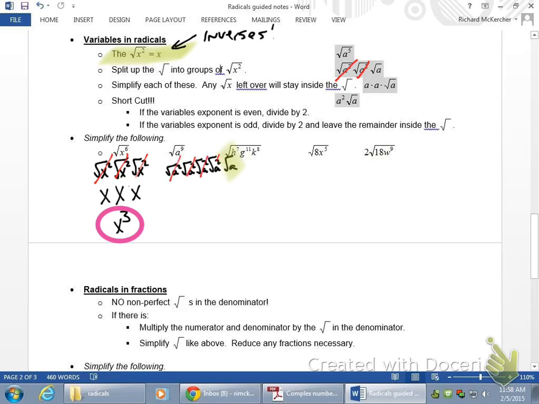Well, each of these are perfect, so I know that. But this last guy here, he wasn't a pair, so he's not perfect, so I have to just bring him down. And when I simplify that, of course, it is a to the 4th, and I have an a left over.